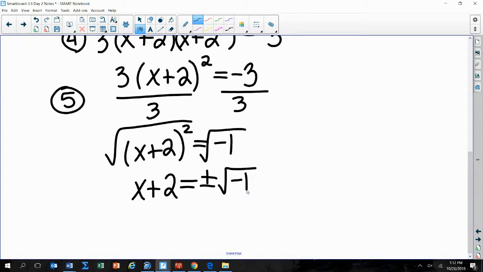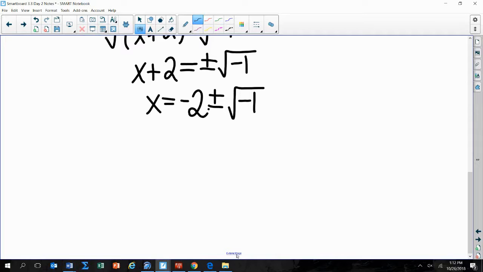Step 6 says add or subtract the number by x, right? So I've got plus 2. What's the inverse of adding 2? Subtracting 2, right? So if I subtract 2 from both sides, I'll get negative 2 plus or minus the square root of negative 1. Is that the best answer?